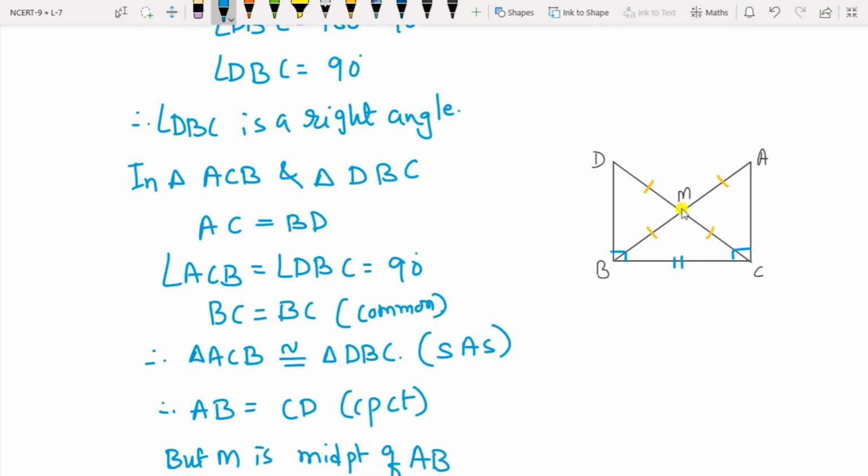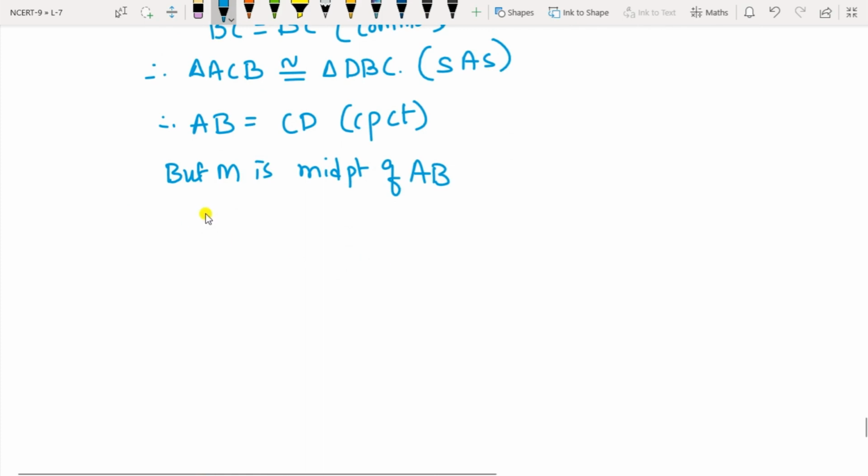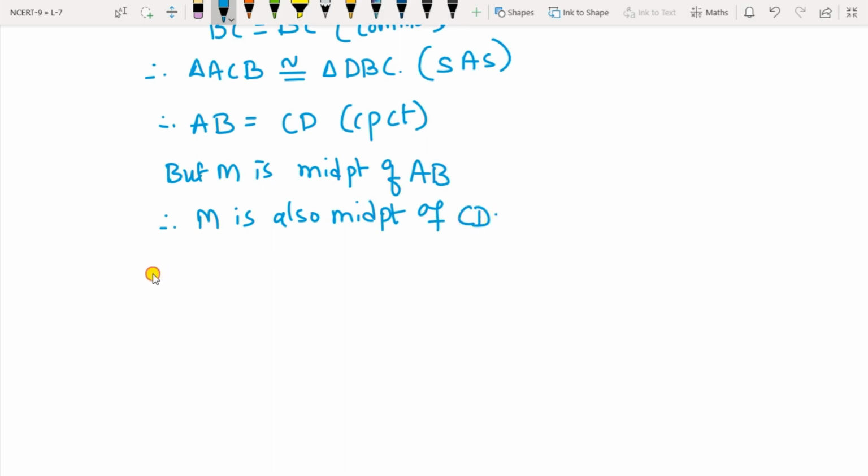But M is given as the midpoint of AB. Then what about CD now? If they are equal, then M also becomes the midpoint of CD. So, therefore, M is also midpoint of CD. And therefore, that implies that AM will be equal to BM, will be equal to CM, will be equal to DM.